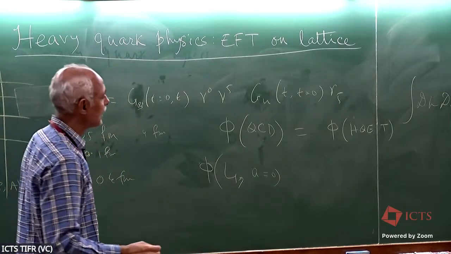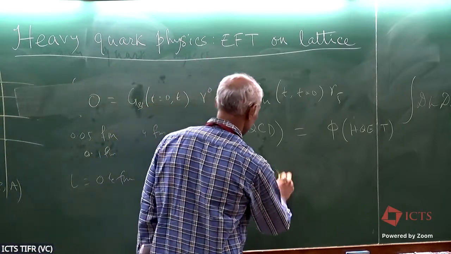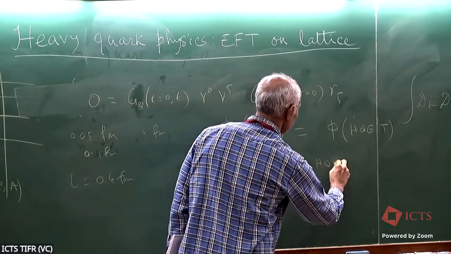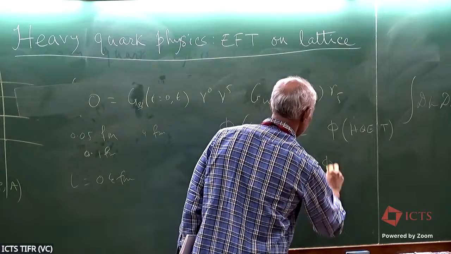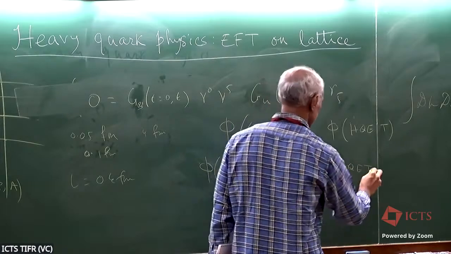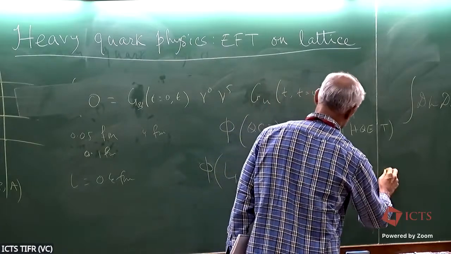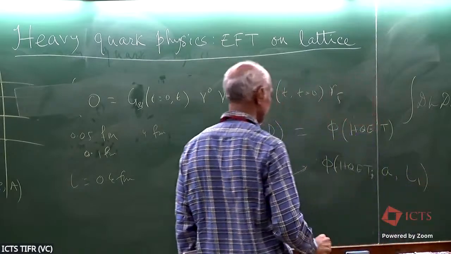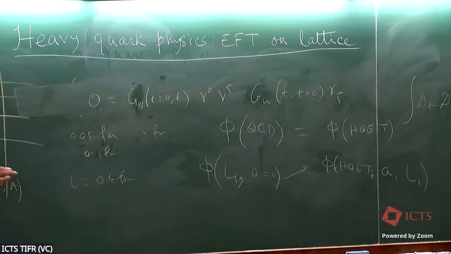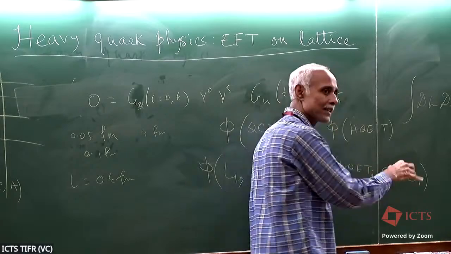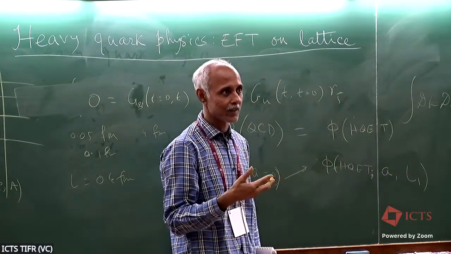Now I match it to a heavy quark effective theory at some finite a and the same L1. So I have these bunch of parameters for my static theory for the lattice spacing at which I am calculating.